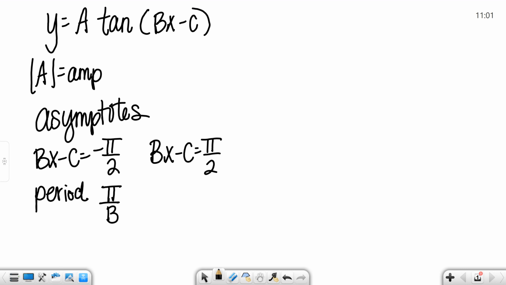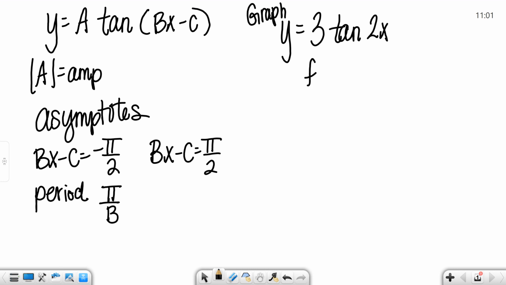So let's actually try a problem that has some of this. All right, let's have an a value, and for now, let's just have a b value. And so we are going to graph this function for x values from negative pi over 4 to positive 3 pi over 4.